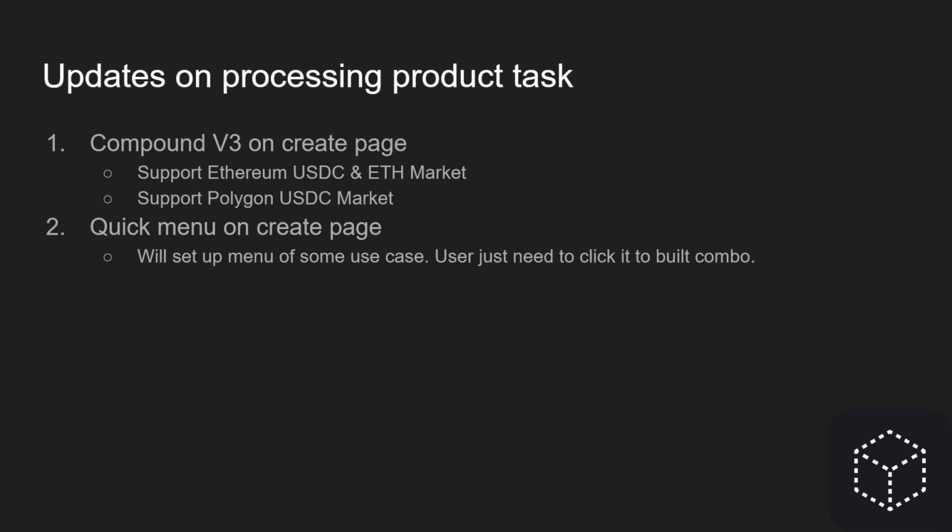All you need to do is click or select the strategy you want to process. We will help you build a whole transaction for each combo. You just change the token and the amount, then you can send it out. Yep, so I think that is the product section.